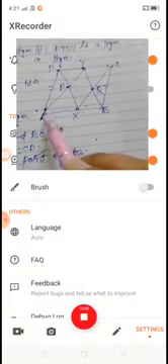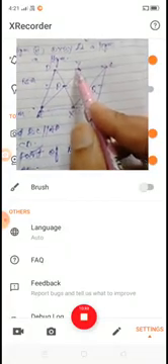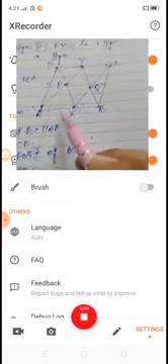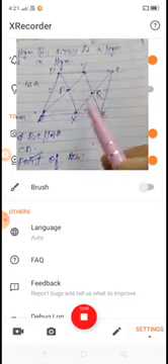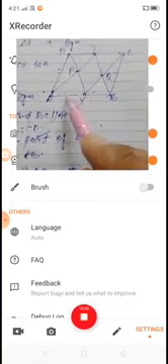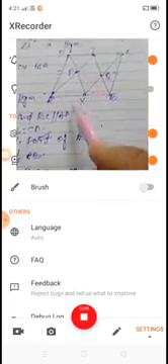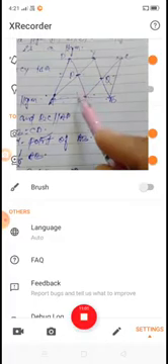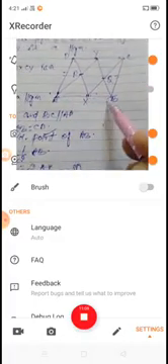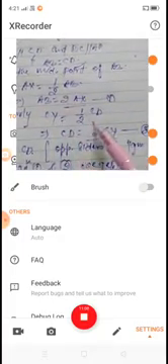So first of all, we take quadrilateral AXCY. In that quadrilateral, we know that opposite sides are parallel and equal in a parallelogram. So AB is parallel to CD and also AB is equal to CD. Now from the figure, AX is equal to half of AB, and CY is equal to half of CD.